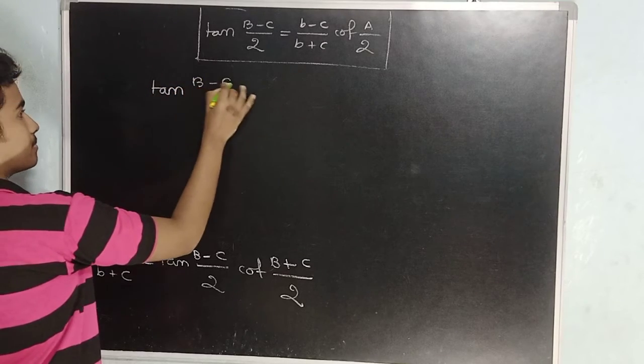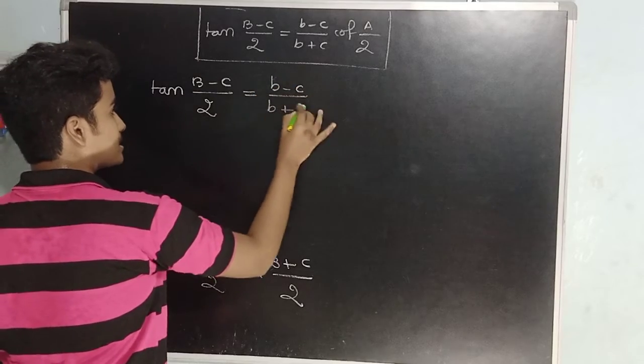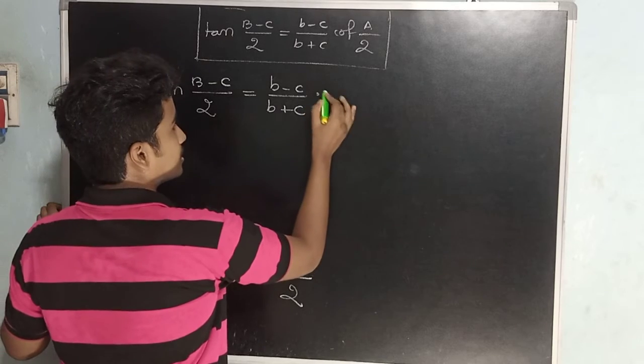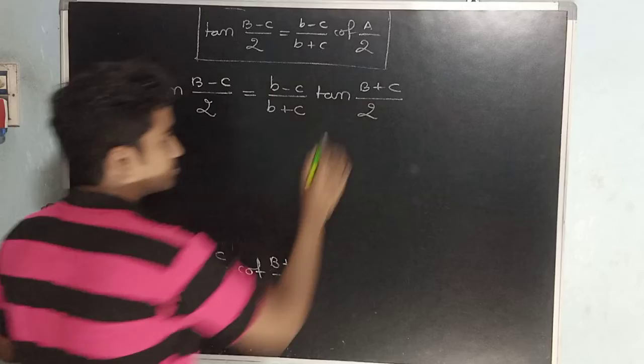Tan B minus C by 2 is nothing but B minus C by B plus C. Cot B plus C by 2, taking this side, is nothing but tan B plus C by 2.